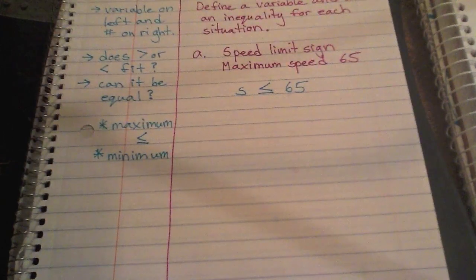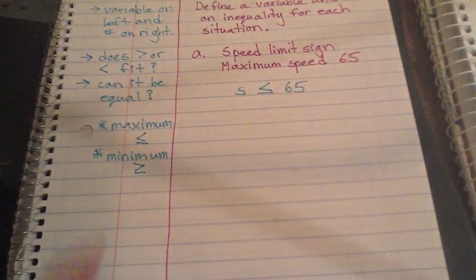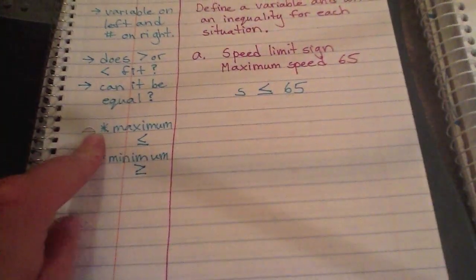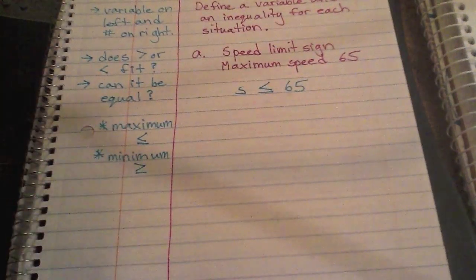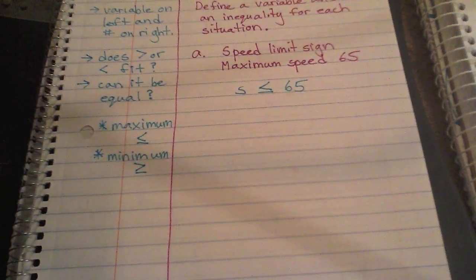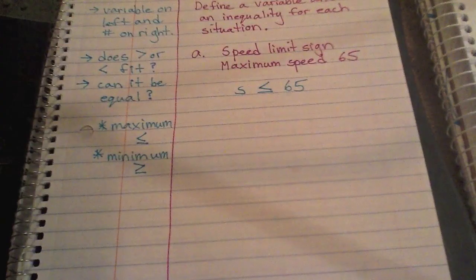So everything has to be higher than that or equal to that. So those are always greater than or equal to, which is kind of opposite thinking. We're used to thinking of maximum as the greater, minimum as the less. But you have to think about maximum in this case means it's the highest it can possibly go. So everything needs to be less than it. Minimum, lowest it can possibly go, everything needs to be larger than it.